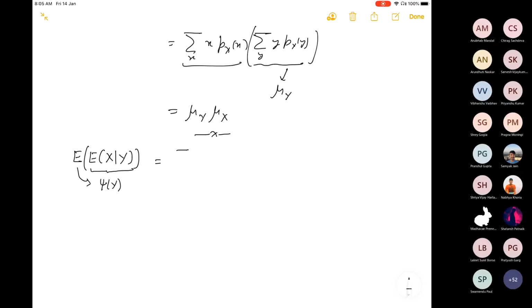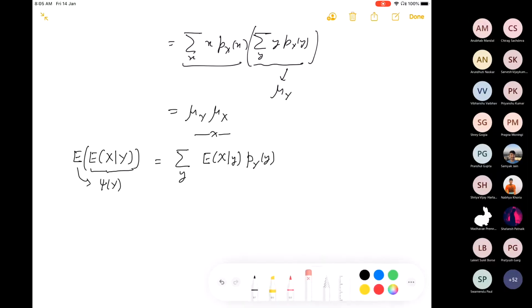Therefore, let me take that if discrete variables are there, then this will be summation over y of the expected value of x given y is equal to small y, into the density of y. Okay, so this will be like this.